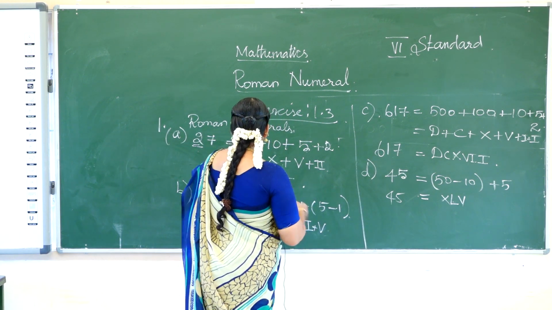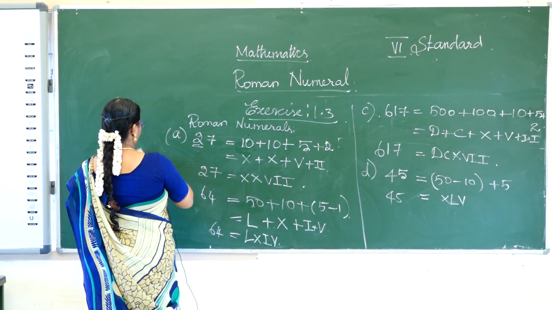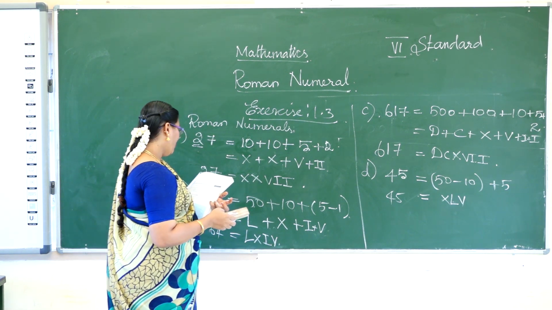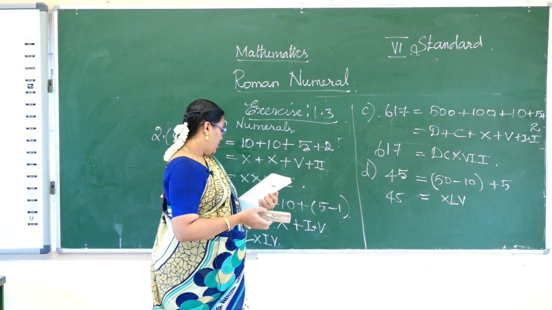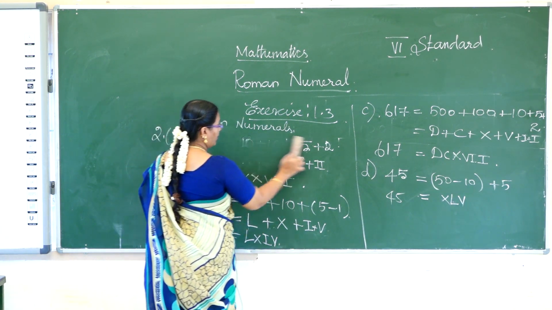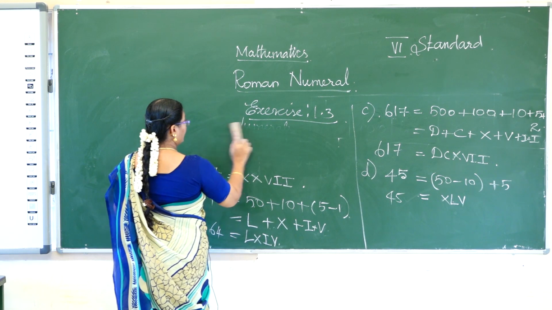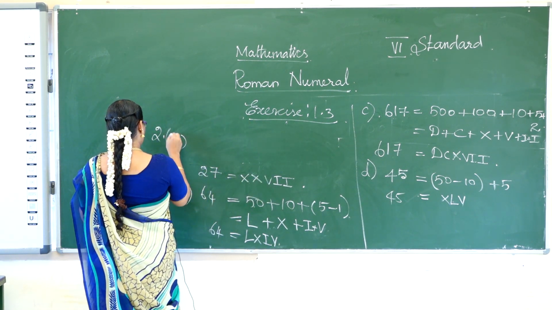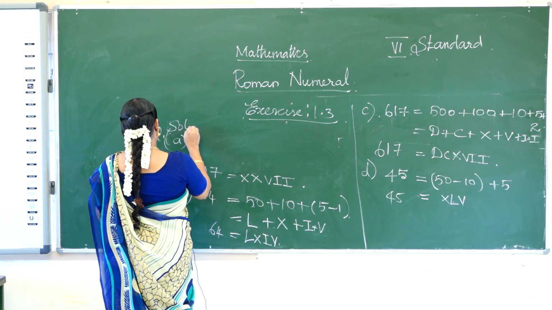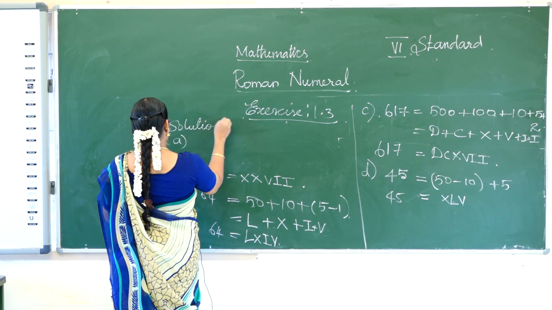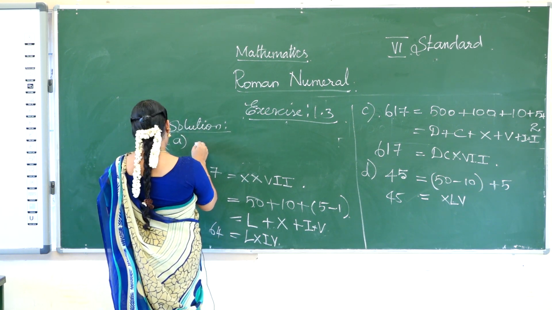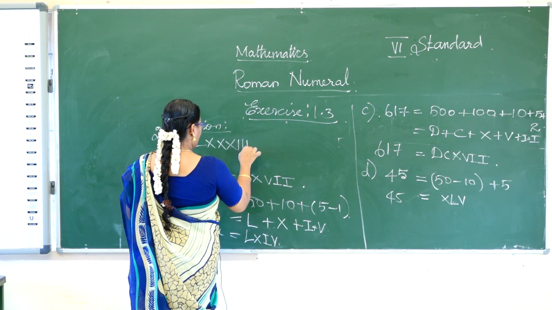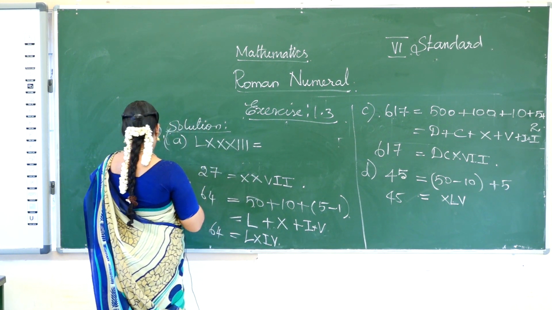And next, the second one: write the following Roman numerals as Hindu-Arabic numerals. Roman numerals are given, write them in Hindu-Arabic. So first one, L X X X. Repeating 3 times is allowed.